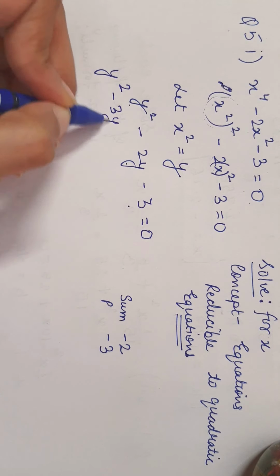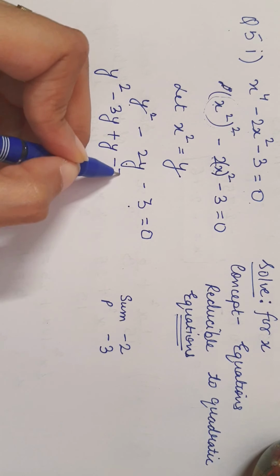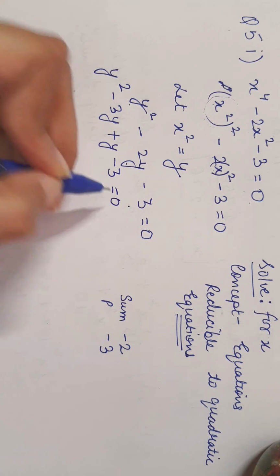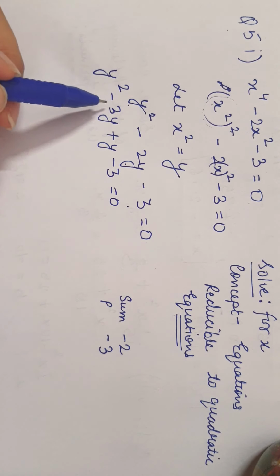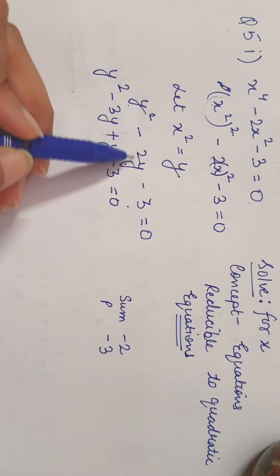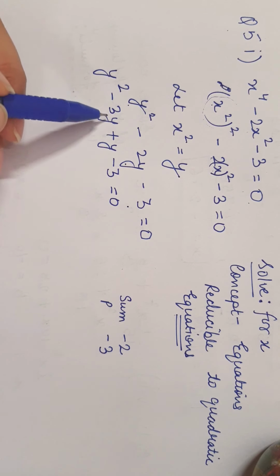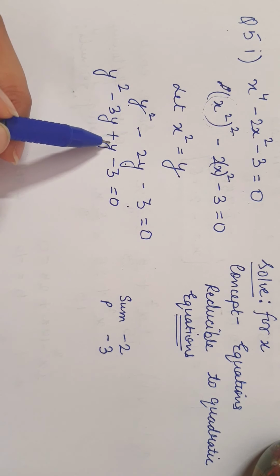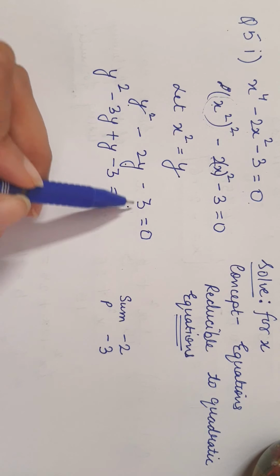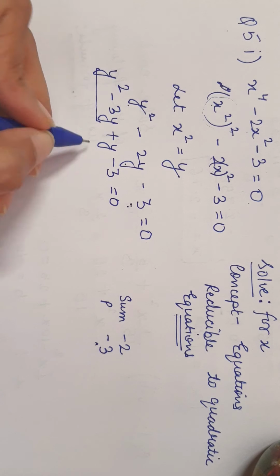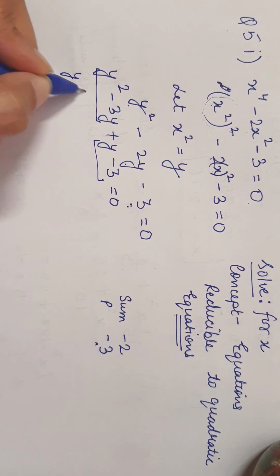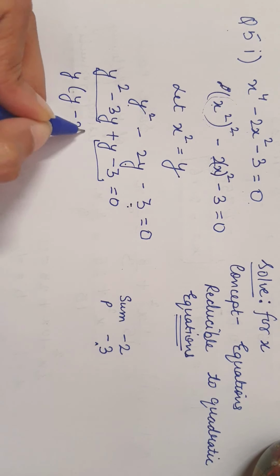Minus 3y plus y minus 3 equal to 0. Before we proceed, let's check. Minus 3y plus y will give me this middle term, and the product minus 3 into plus 1 is minus 3. Correct? So now grouping.